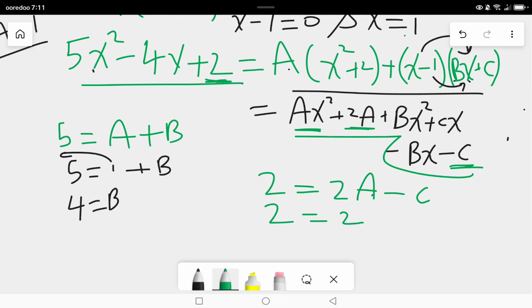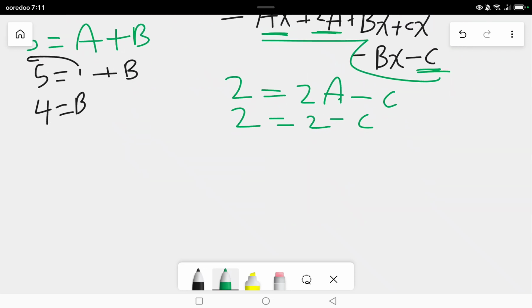What is c? We will find. So you can take c to the other side, or you can take 2 to the other side, no problem, same. So this 2 is positive, when it goes to the other side it will be negative.